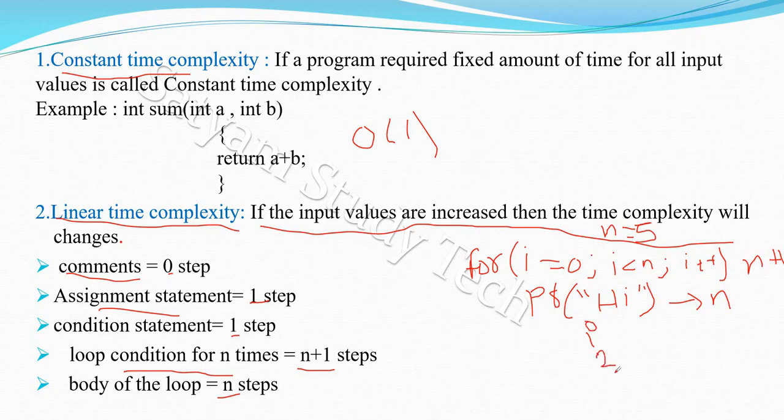The third time, i value is 3. The fourth time, i value is 4. The fifth time, but i value is 5. So 5 less than 5, the condition fails. But at that time also it checks the for loop. So n plus 1 times this for loop is checked, and n times the body of the loop is executed.